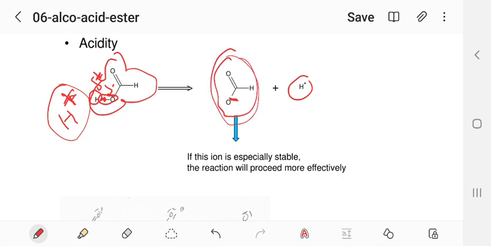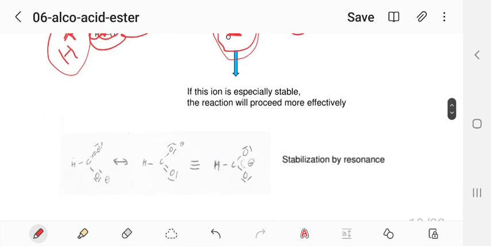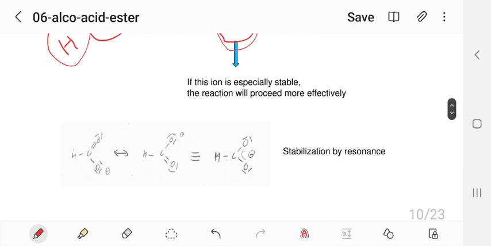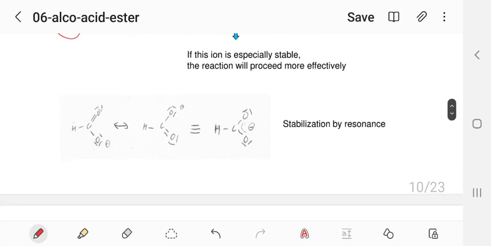So how does this carboxylic acid stabilize itself when it's in this anion form? It's because of the double bond in the carbonyl group, and this is caused by an effect called resonance. Resonance is when the pi system is delocalized, so it's not only between this C and O, but it's extending over the whole functional group, COO.